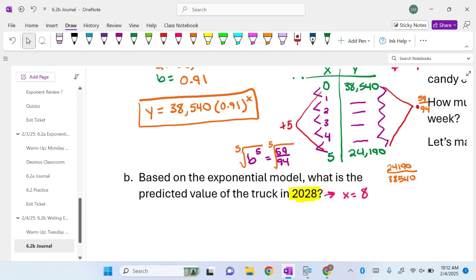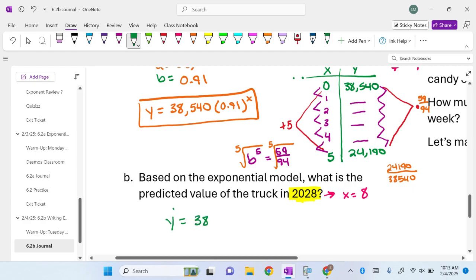Not multiply. It's no operation. So guys, if I ever throw a definite X value at you and I give you an equation with that X in it, where do you put that number in? In the X value. We're going to plug in the 8 for the X. We're evaluating.